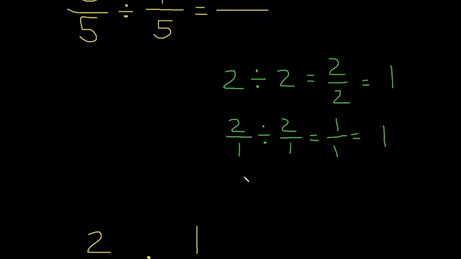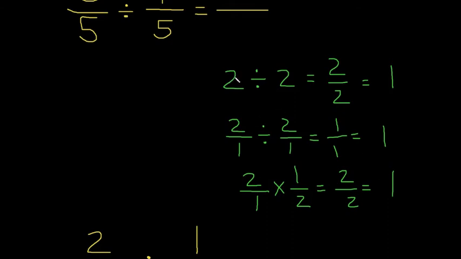But the interesting thing about division of fractions is you can keep, change, flip. We're going to keep this 2 over 1. We're going to change this from division to multiplication, and we're going to flip this. Two times 1 is 2. 1 times 2 is 2. 2 divided by 2 is 1. We get the same answer.